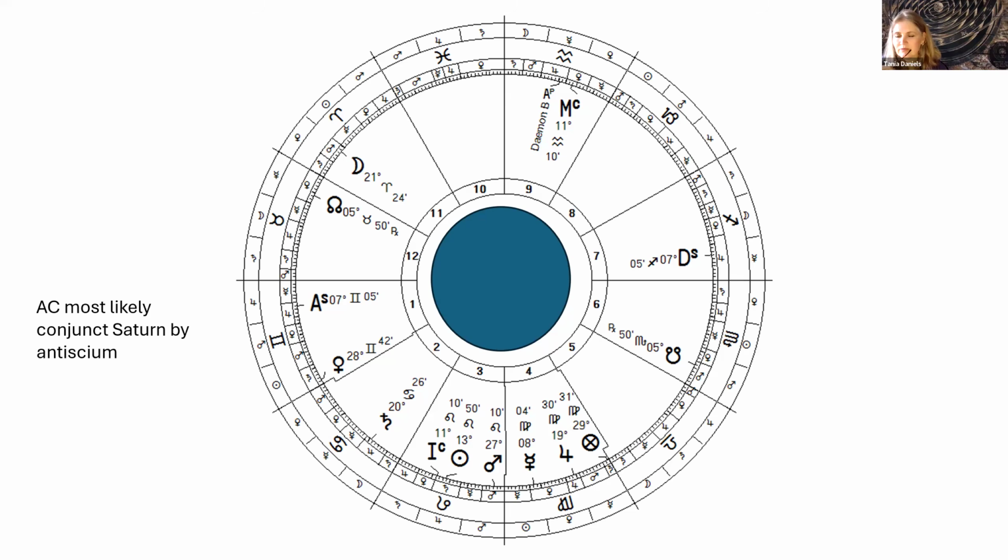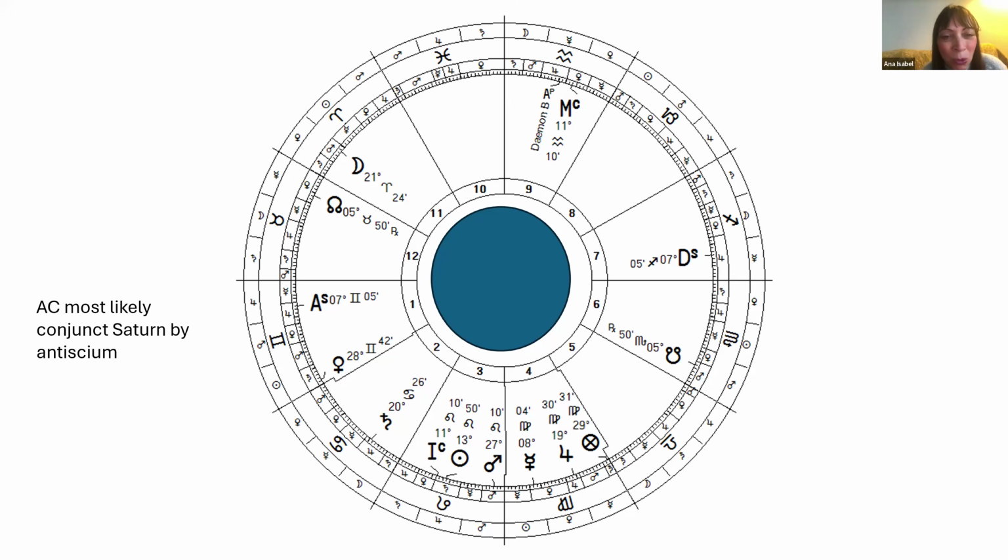Okay, but by Antiscia, it actually feels like a conjunction, and I think this is a very useful tool to add to understanding, because what it's showing us is nuance. A square is a square, except it's not.